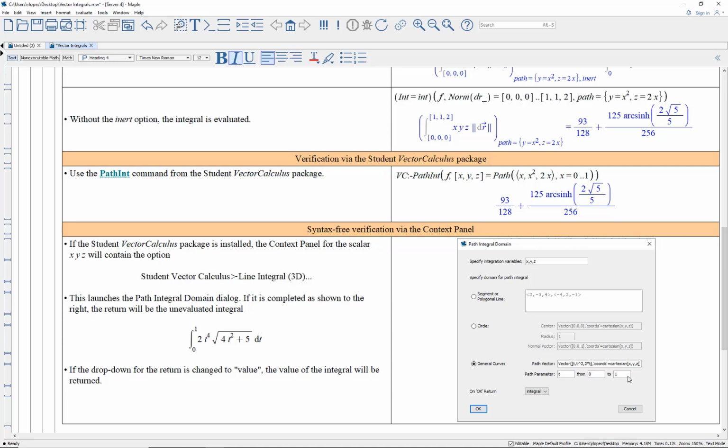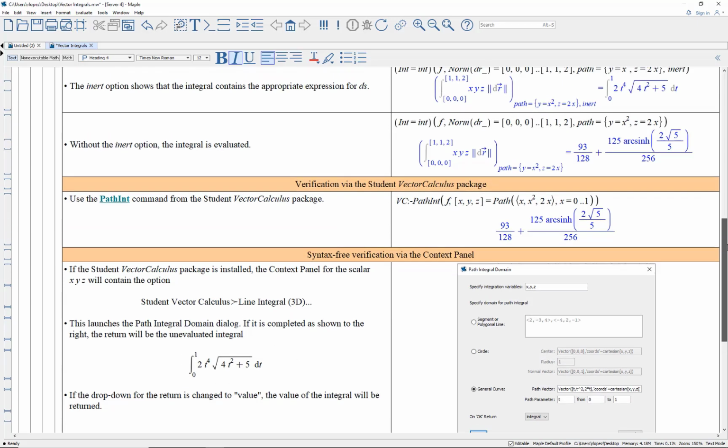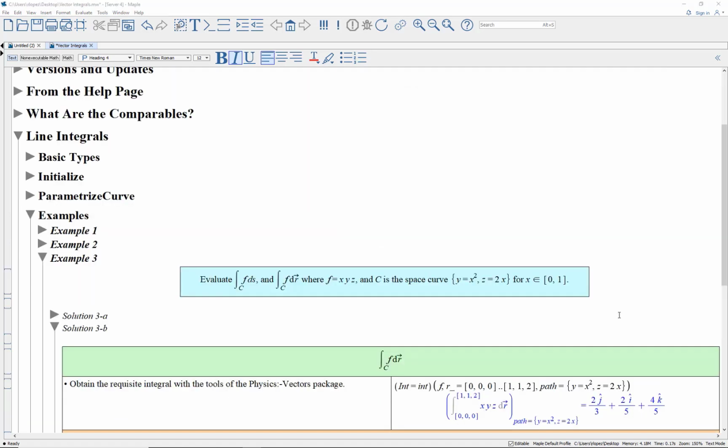Parameter t goes from 0 to 1. If you return the integral, you get this integral, which matches this integral here. For the evaluation of the second integral in the Physics Vector package, int here, scalar, the vector r, that's representing dr, initial and terminal points, and the path of integration is given by these two equations.